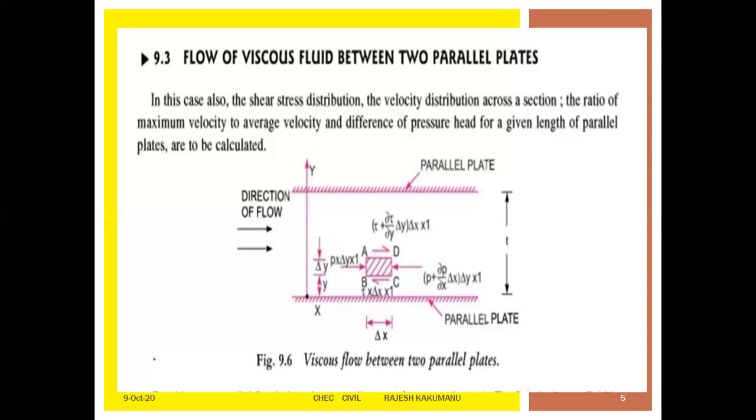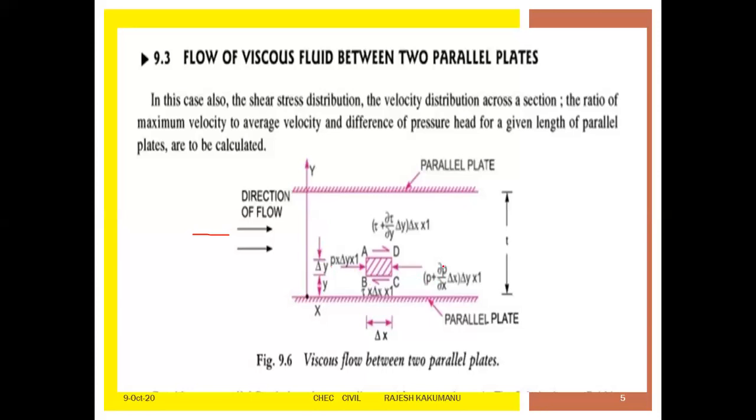So coming to the derivation of this one, we have already discussed by taking these two parallel plates. This is one parallel plate, this is the other parallel plate. So the direction of the viscous flow is in this direction. So we are taking a small element ABCD where the flow is this side, that is p into delta y into 1.